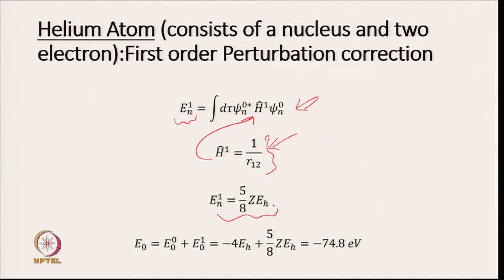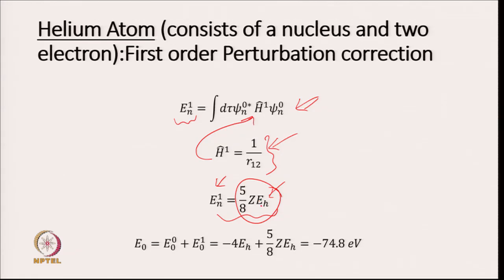What you are going to get is E n 1, which is the first order perturbation correction for the helium atom, and that is equal to 5/8 Z E h, where E h is the Hartree energy.